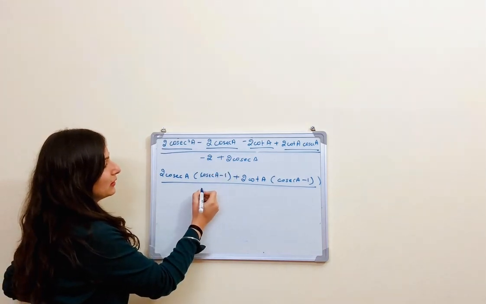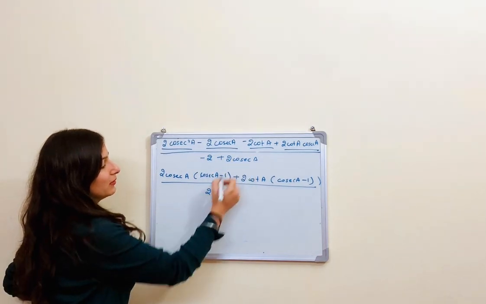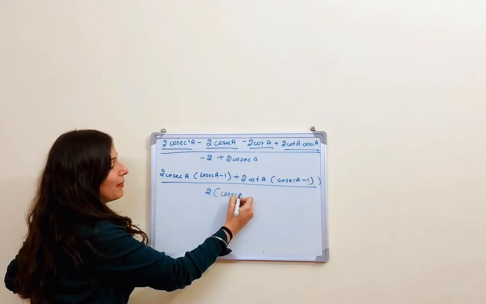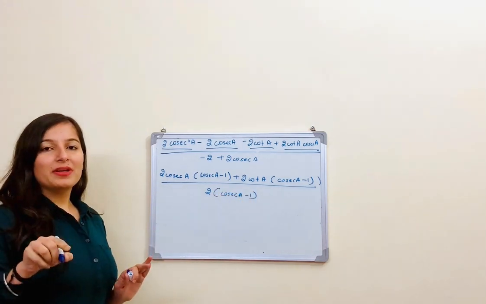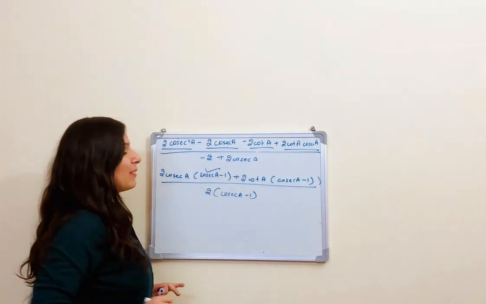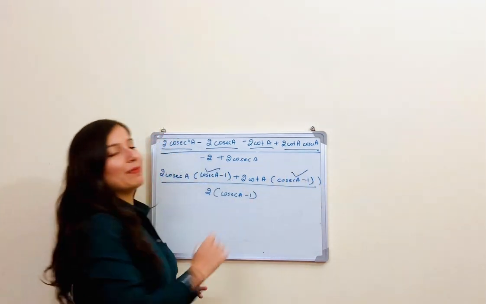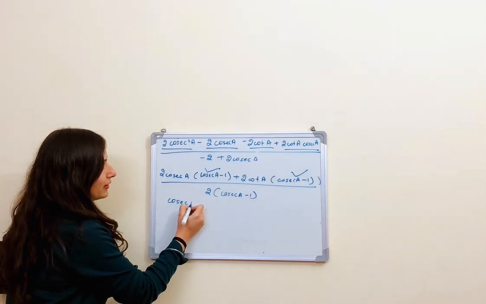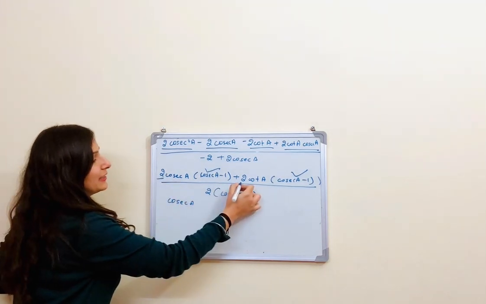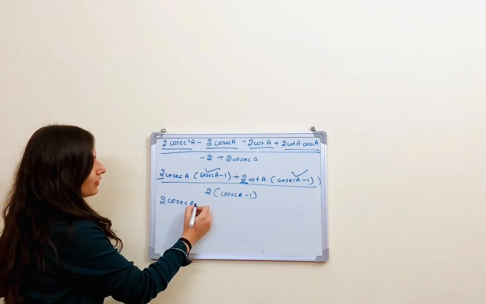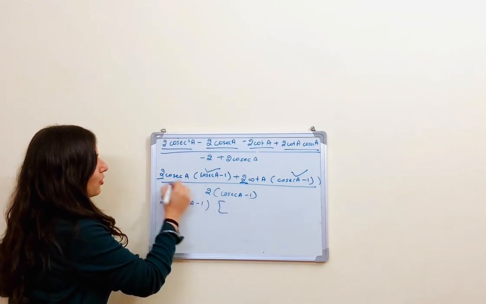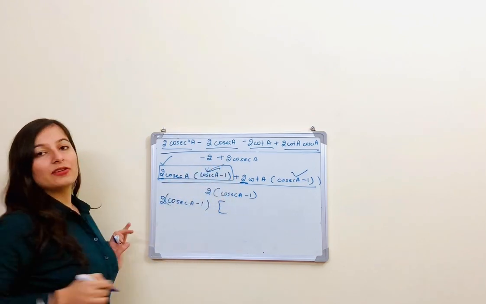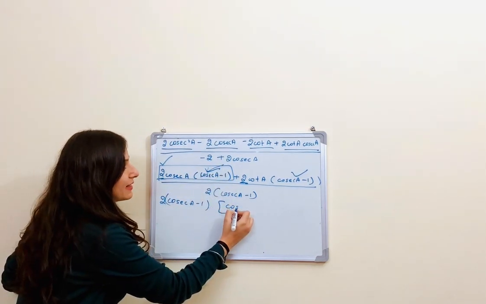Now, let's take 2 common, and keeping plus 2 common, it will give us cosec A minus 1. Now from the numerator, cosec A minus 1 is here, cosec A minus 1 is here, we can take common from this whole expression, and 2 also, we can take 2 common. Then we'll be left with only cosec A from this expression.